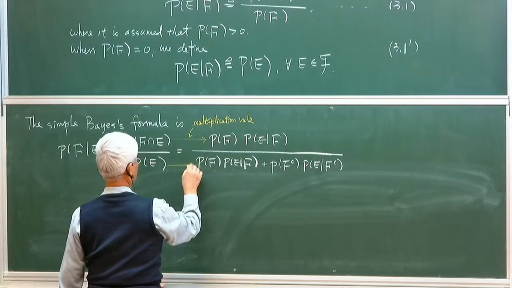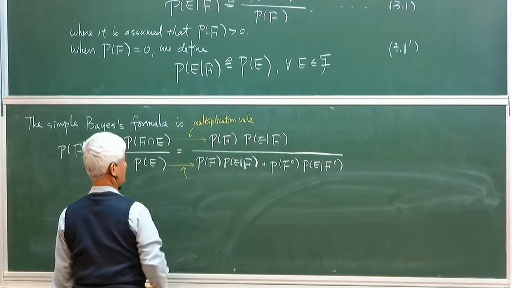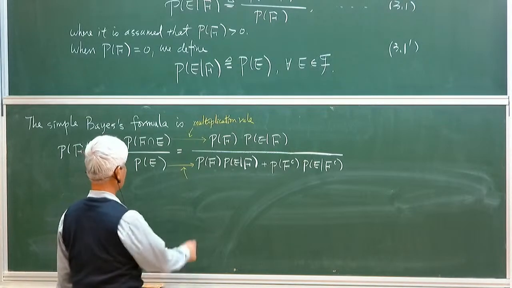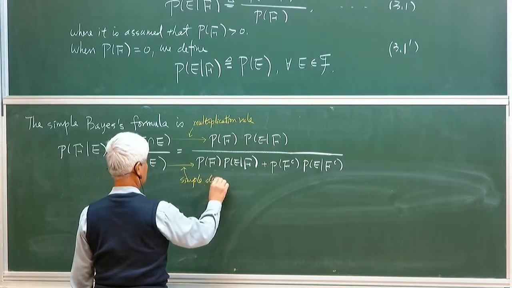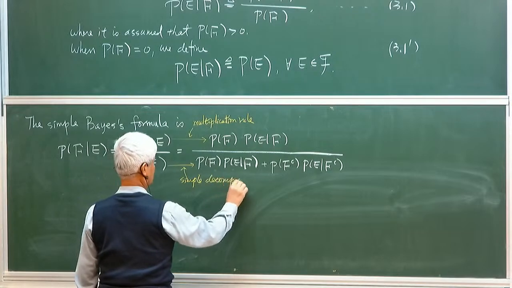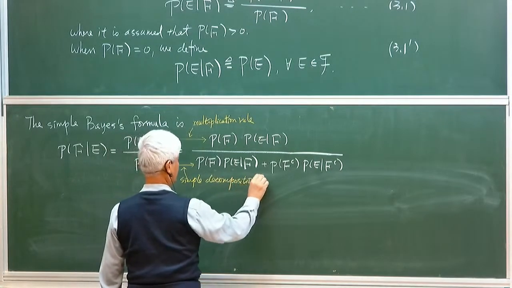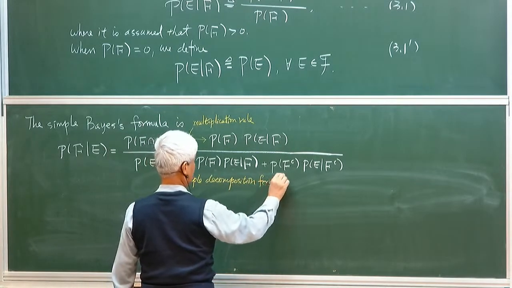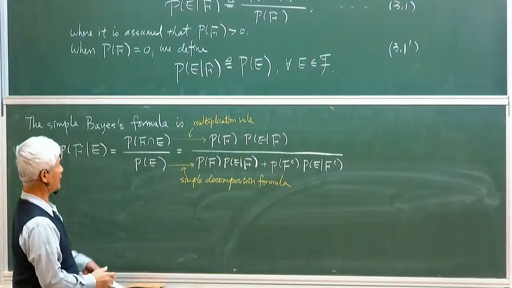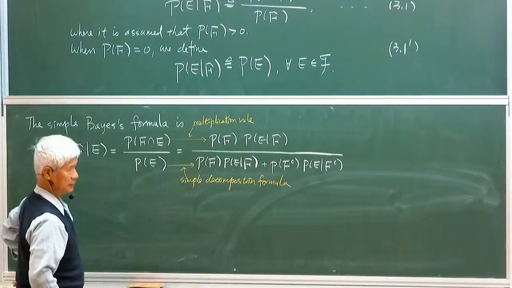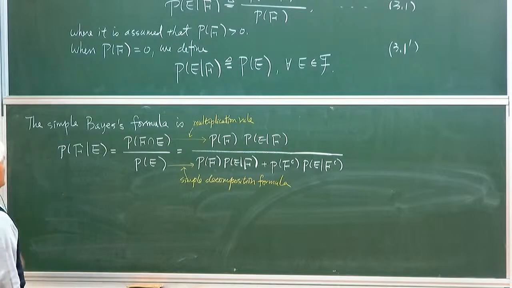And for the denominator, we use the simple decomposition formula. So when we apply these two formulas, we can have the simple Bayes formula here.